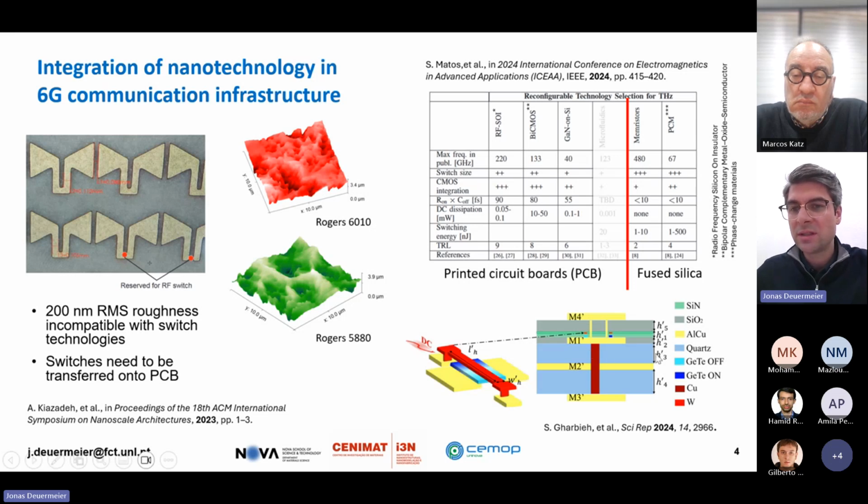But you can see it's a big effort to build these devices, integrated reconfigurable intelligent surfaces on quartz substrates, since you have to make these vias, and yeah, it's of course working, but it's costly.